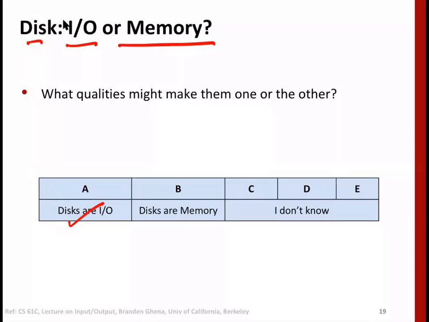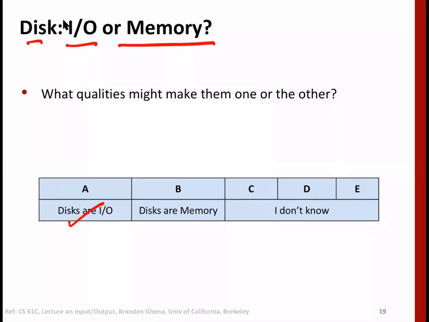When we say memory, in general we are not distinguishing between memory, cache memory, L1, L2, L3, or main memory. In general, memory acts at the speed of the CPU. While disks are not memory, and the way they are treated is not like memory. They are not connected to the same bus to which the main memory or cache is connected. We will look at that structure a little later.